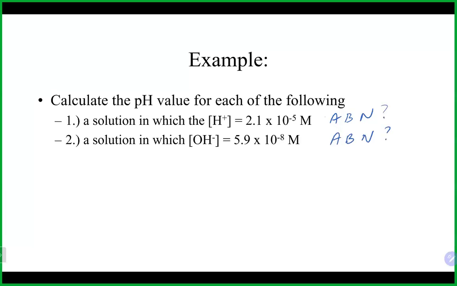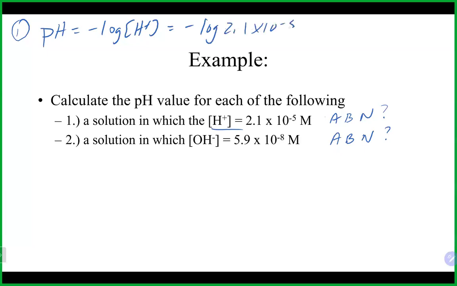Okay, so let's take a look. We'll start with the first one here. We have the H plus concentration given to us, so we can go right into our pH equation, negative log of the H plus. That's going to give us negative log of, in this case, 2.1 times 10 to the minus 5.